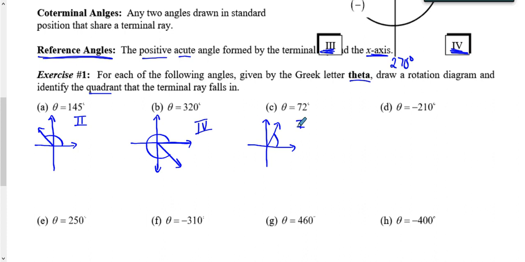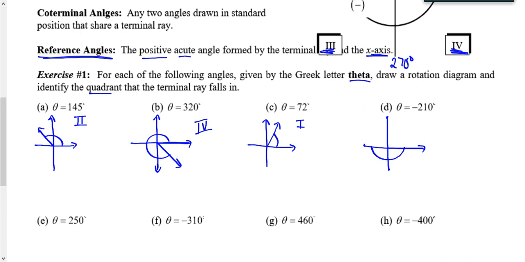All right. Well, now we have one that is negative 210 degrees. So a negative angle means we're going to be going clockwise from our initial point here, right? We could think of this one as 90 and 180 and 270, like if we're going backwards. If we go here, there's 180.